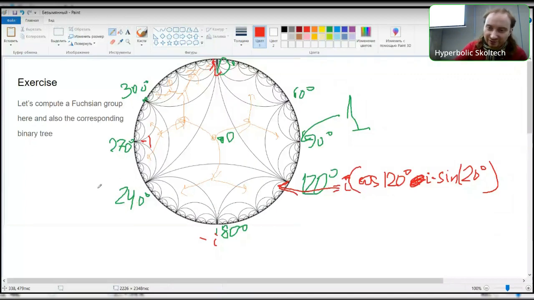Don't haste. Okay, so this is symmetric. I multiplied cosine of 120 plus i multiplied by sine of 120. Actually, if you have any questions about how I compute it, just ask.